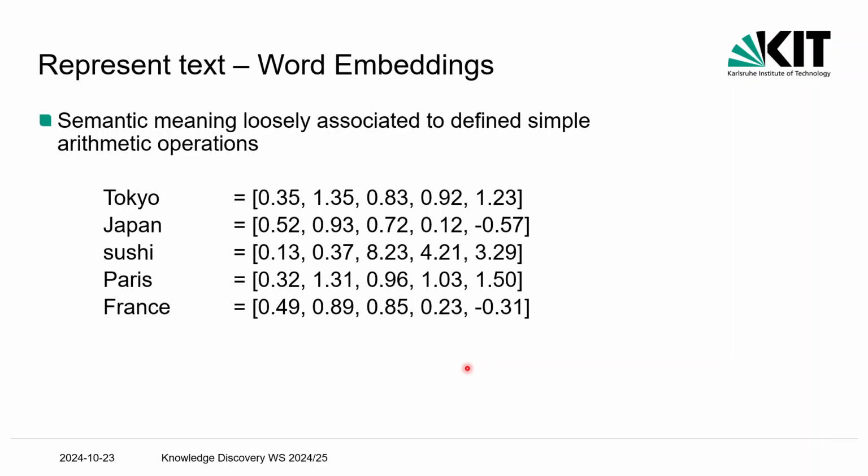So if we train something where we want the semantic meaning to be loosely associated to some defined simple arithmetic operations, oftentimes such as the sum, a positive or a negative sum, so that you can subtract vectors from each other in a way that semantically makes sense.